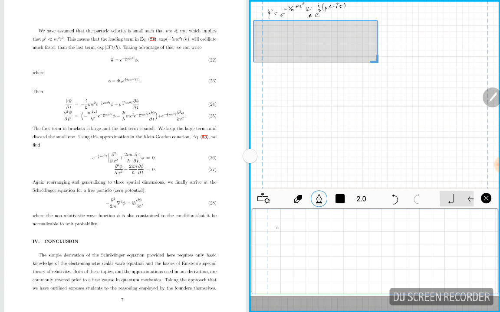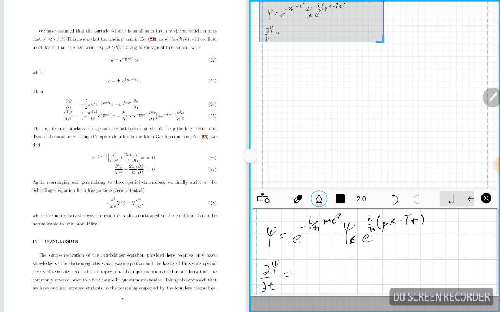So here, if we take that function psi, and I take the first derivative with respect to t, I forgot the t.